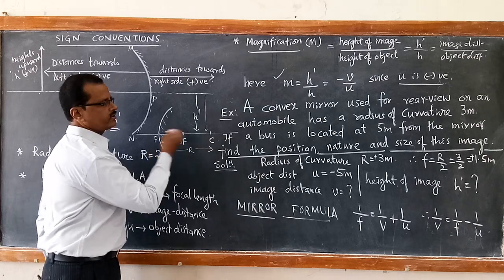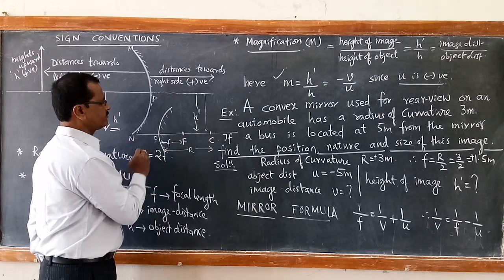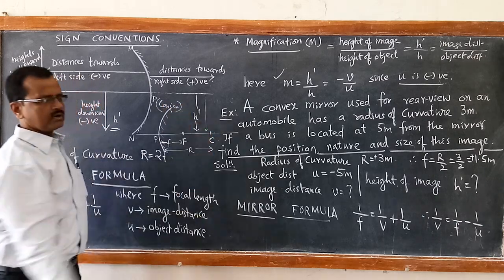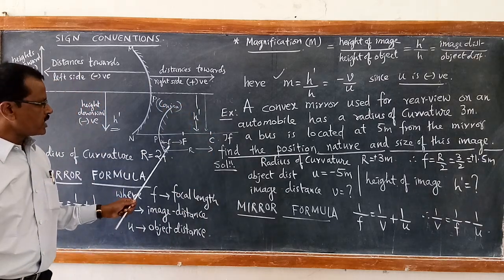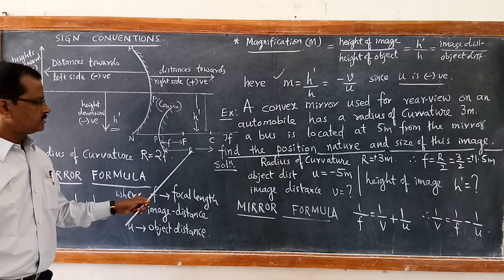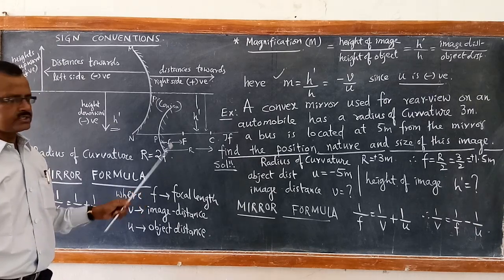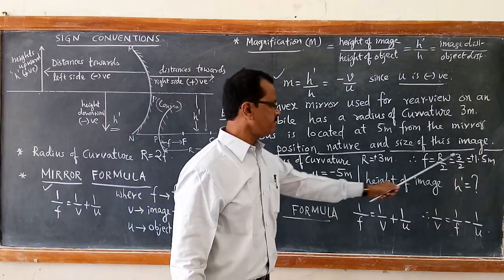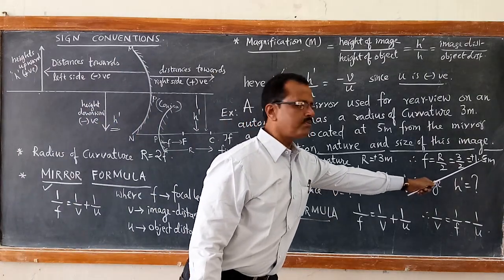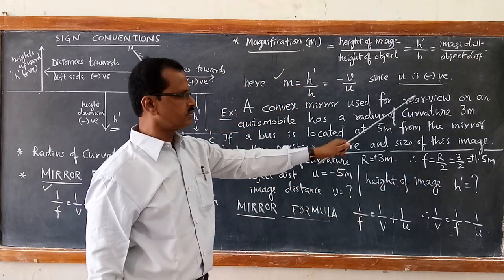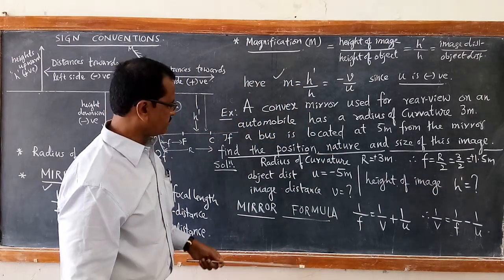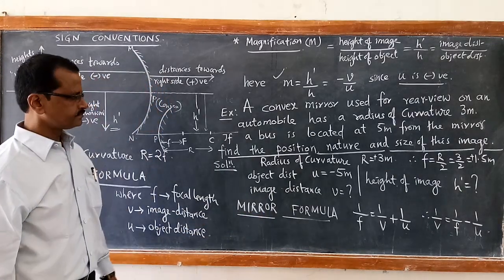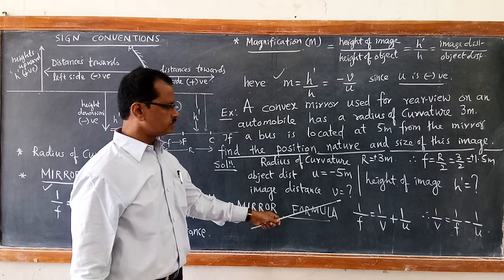Since both are lying on the right hand side of the pole of the convex mirror, the focal length is positive, so also the radius of curvature. So R is plus 3 m and F is plus 1.5, because F is equal to R by 2. Then the given object distance is equal to minus 5 meter, and the image distance is equal to v.